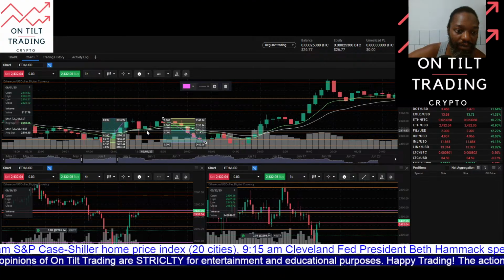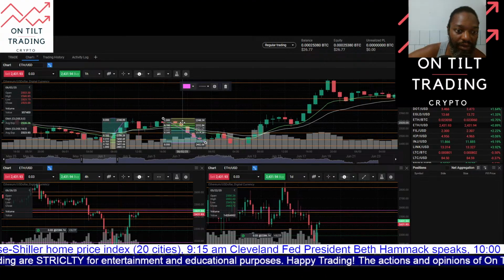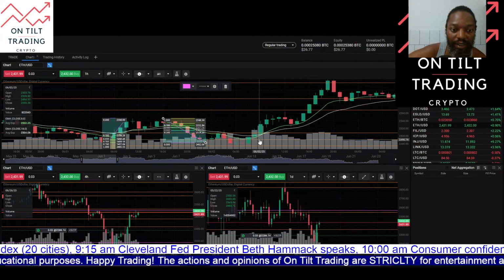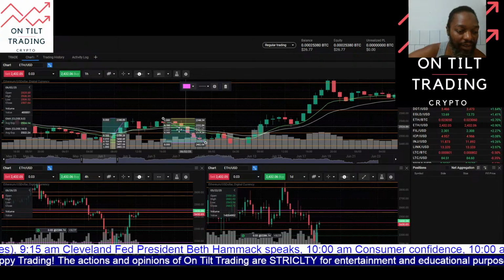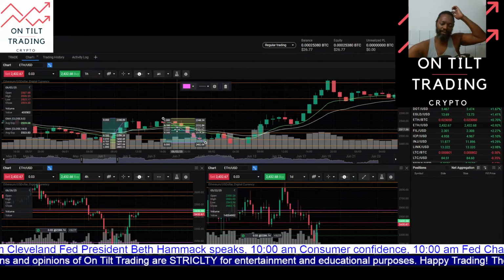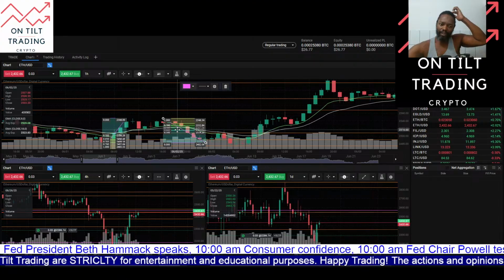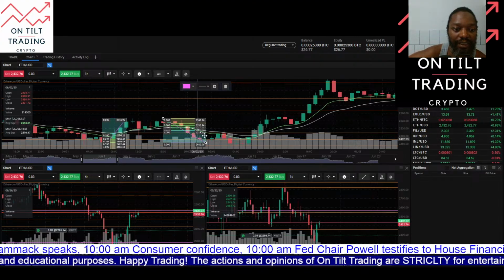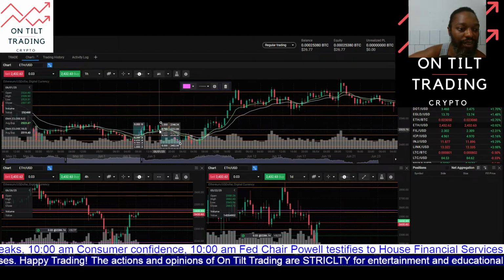So with this long, I take this long here and then get stopped out, take the short here, get stopped out. So you can see in this area of consolidation, I've got some work to do to make some sense out of how to clean this up, or choosing a direction.